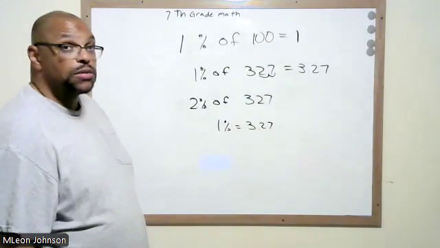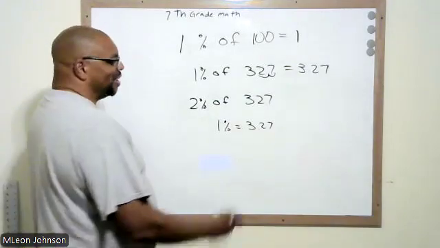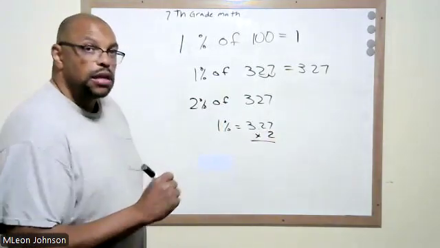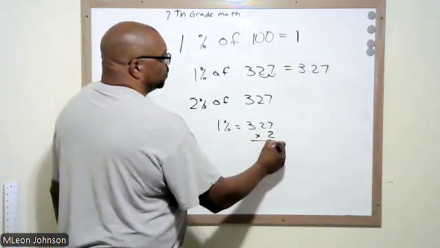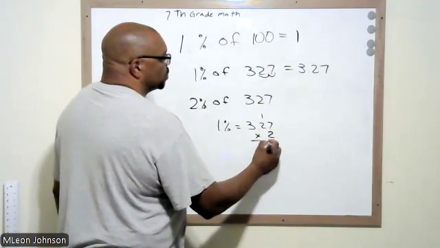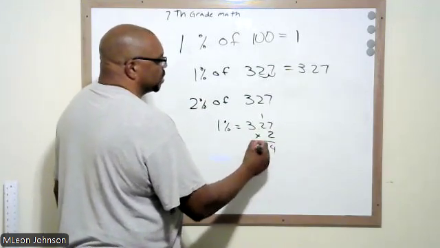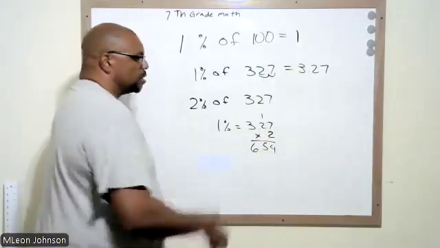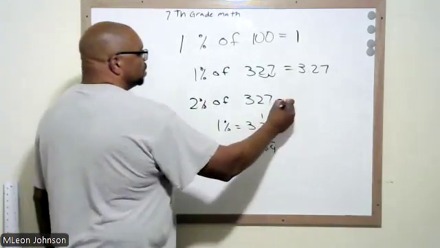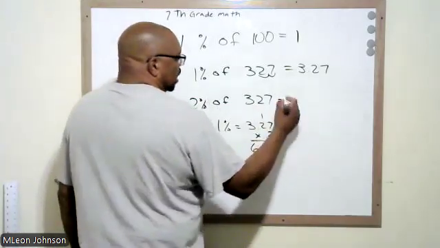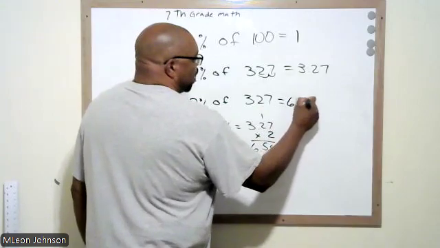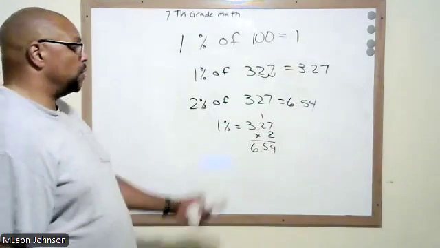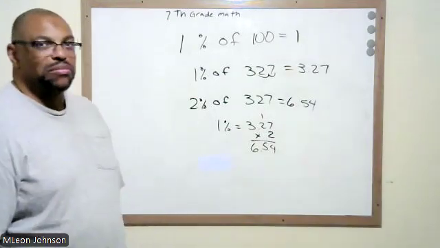How many 1% do I need? 2. Multiply this by 2. 2 times 7 is 14, carry 1. 2 times 2 is 4, plus 1 is 5. 2 times 3 is 6. My decimal point moves over twice, so I'll move it 2 here. There it is. So 2% of 327 equals 6.54. Just like that. Now you've been able to do this mostly in your head.